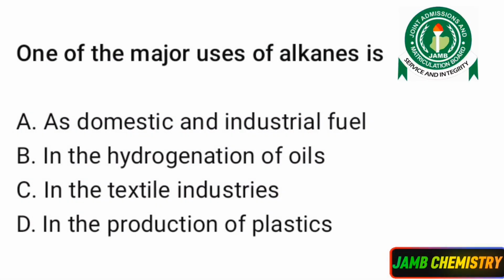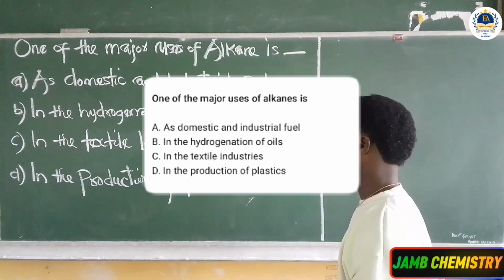One of the major uses of alkane is: option A, as domestic and industrial fuel, B, in the hydrogenation of oils, C, in the textile industries, and D, in the production of plastics.